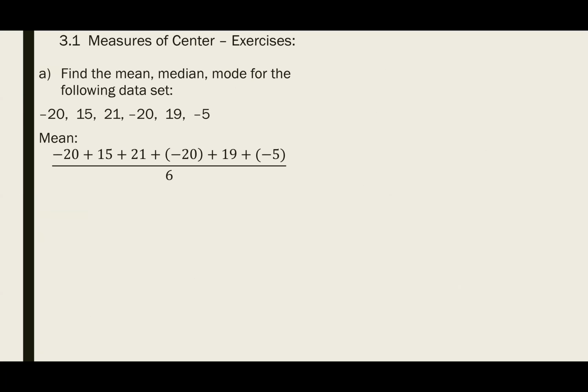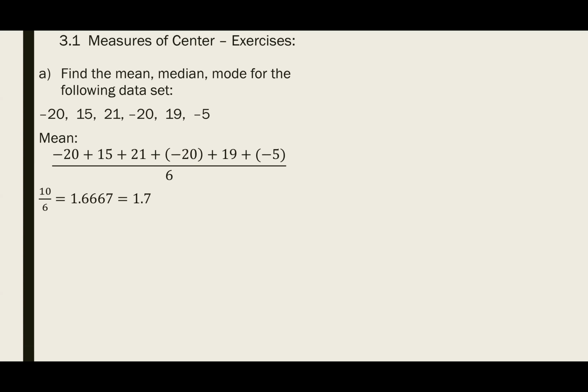So I have 6 data. I take each of my data, add them up and divide by 6. If I do that, I have 10 divided by 6, which is 1.666666666. And again, I need to round to one extra decimal place, which is 1.7. That is my mean.